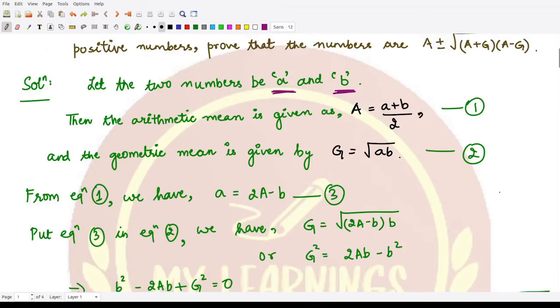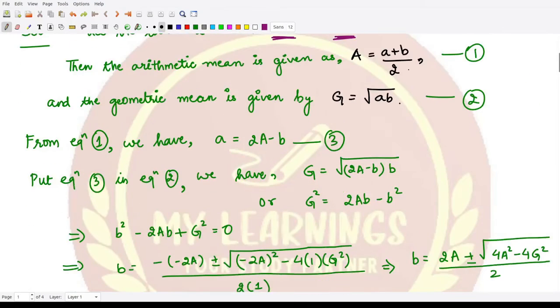So let's do that. In order to solve these two equations, from equation 1, we can simplify this and calculate the value of small a in terms of b and capital A. When you multiply this 2 on the left hand side, it would be 2A is equal to a plus b. So a would be 2A minus b. Let's mark this as equation 3.